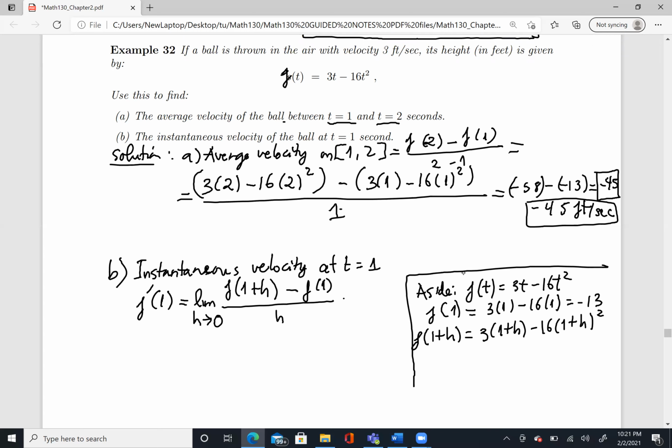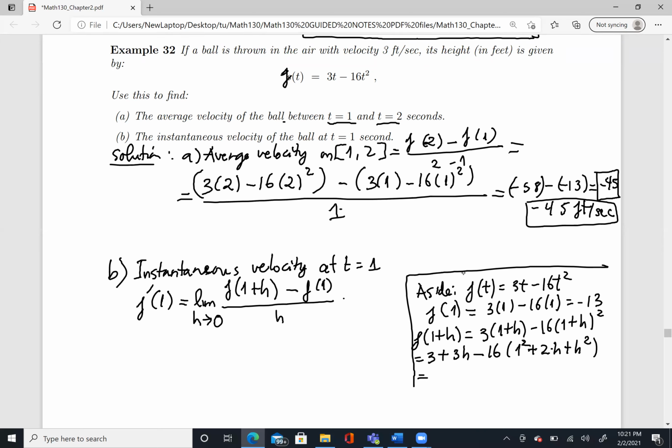So now you will have to do distribution. It equals 3 plus 3h minus 16 times (1 plus h) squared. Here you can apply the square of a binomial, or you can just do FOIL: 1 squared plus 2 times 1 times h, which is 2h, plus h squared.